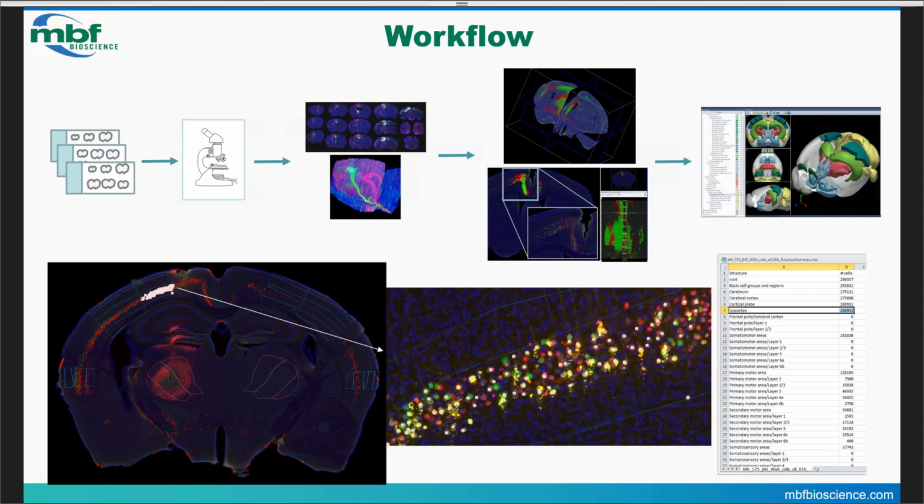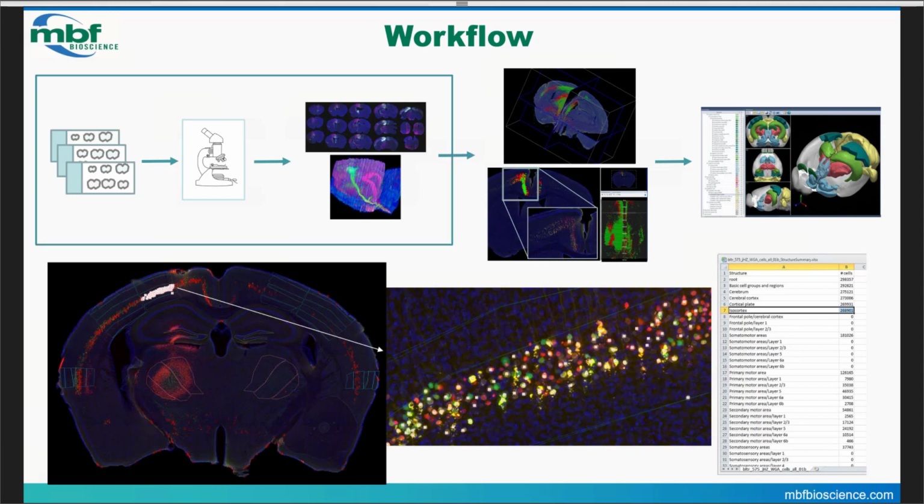So today, what we're going to go through is the first part of that, really getting my sections cut onto slides, getting them imaged into whole slide images, and then getting them into volumes that are appropriate for doing things like cell detection and registration to the Allen space.